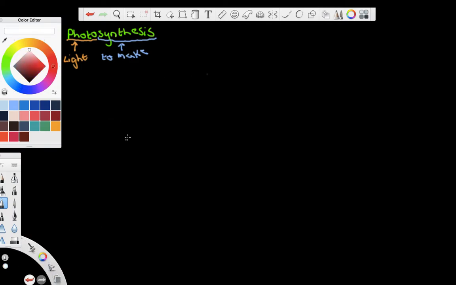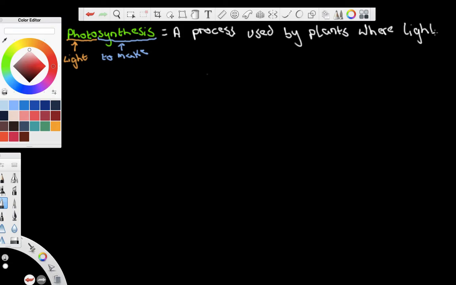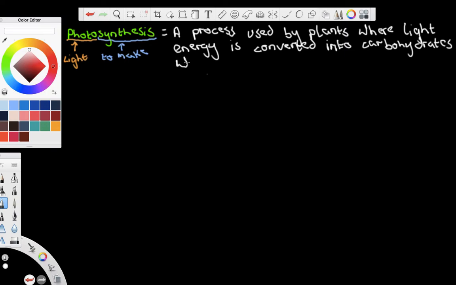So we can write our definition for photosynthesis as a process used by plants where light energy is converted into carbohydrates with use of chlorophyll.